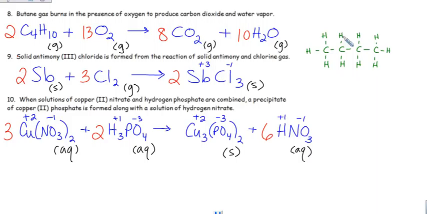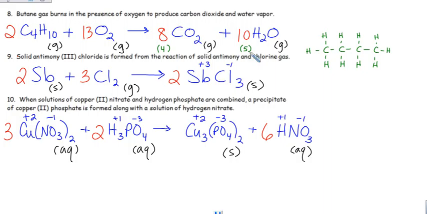Now, the first time I balanced this, my gut was to put a 4 by carbon dioxide. I thought, okay, this is so easy. And then I thought, let's put a 5 by water, since 5 times 2 would give me the 10 hydrogen.